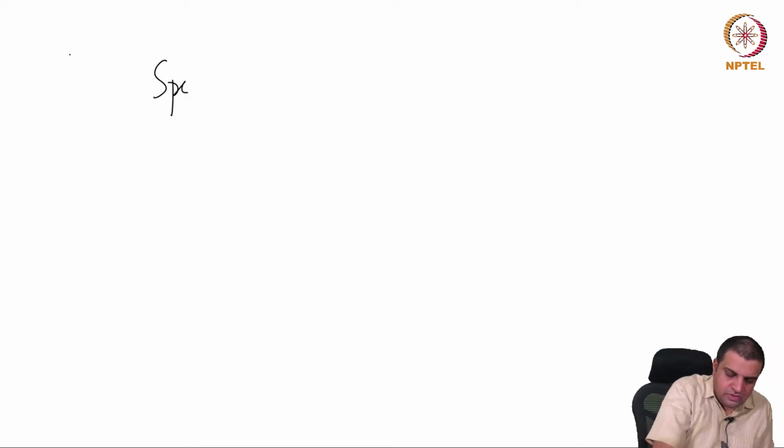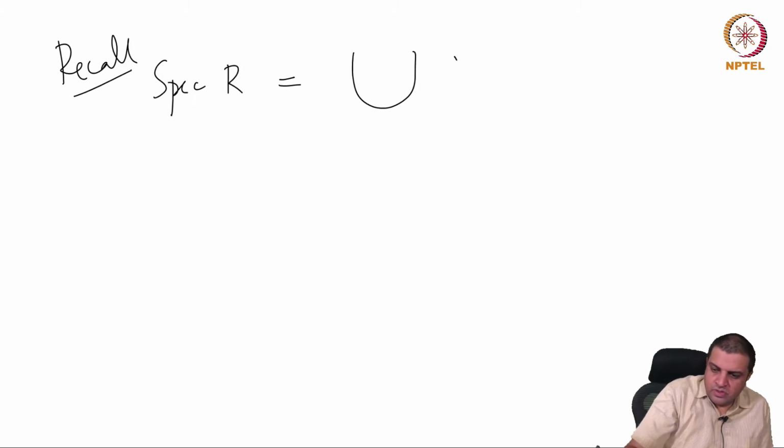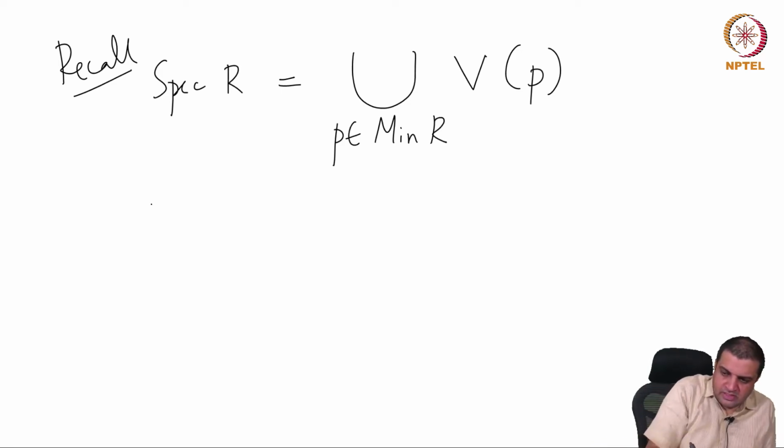So recall that in the last lecture, we saw the following, that irreducible idea, that Spec R is the union over P in Min R of V(P). So what are these things?